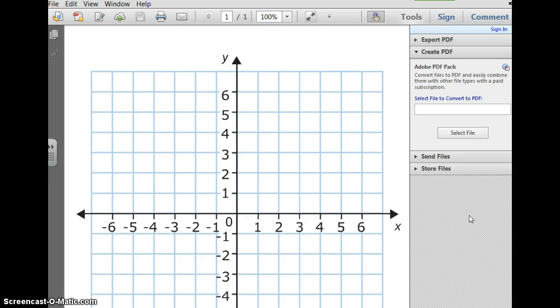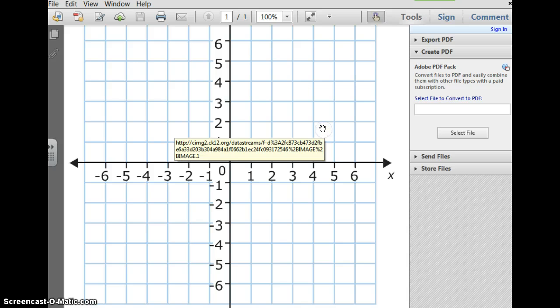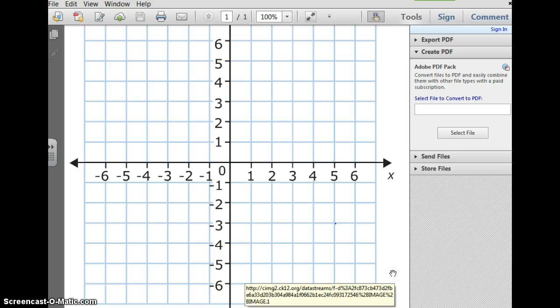New shape. Again, Darius, you're making it too big.